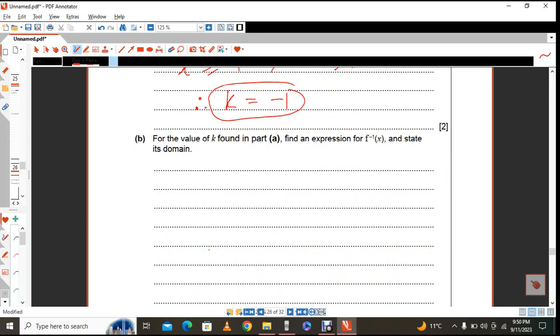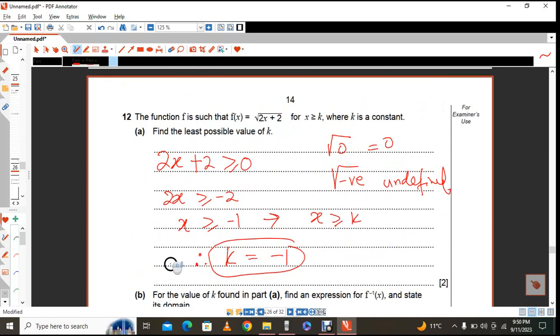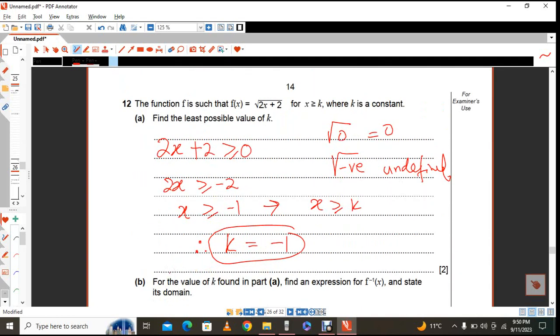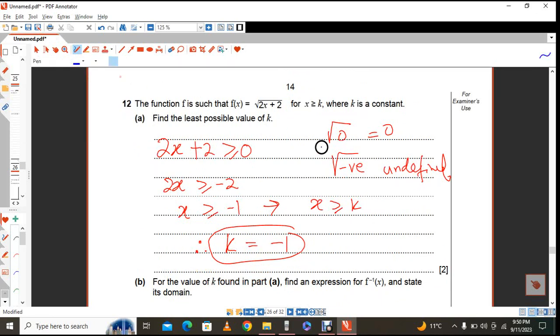Let me just come back to that particular function, the one on top. So let me just explain a concept here. This x is greater than or equal to negative 1. This now is the domain.